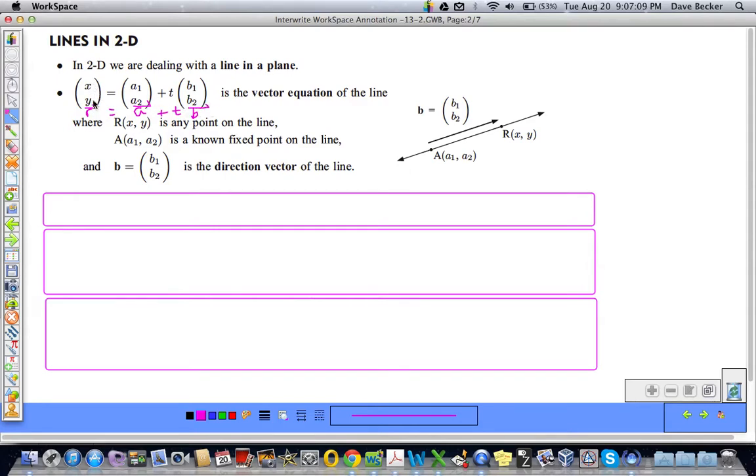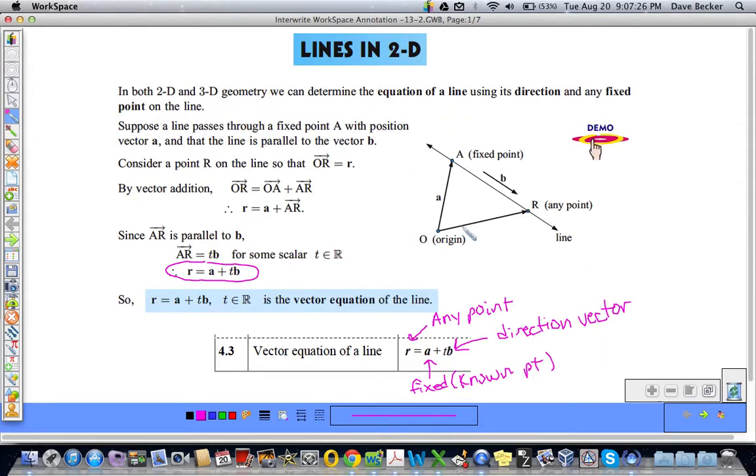The xy, maybe it's a bit more clear to you. Xy represents any point on the line. Any point on the line is going to have an x coordinate and a y coordinate. But in vector form, making it simpler, we'll just use r because it was the resultant vector back here. This vector right here, little r, came from adding these two vectors.